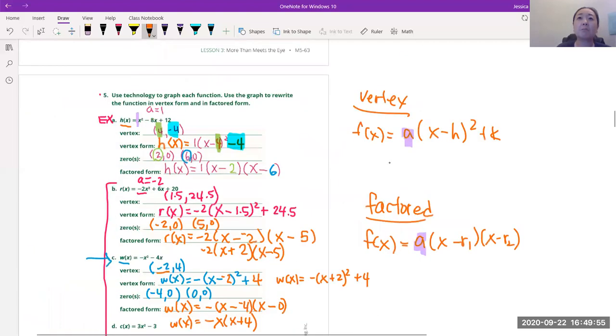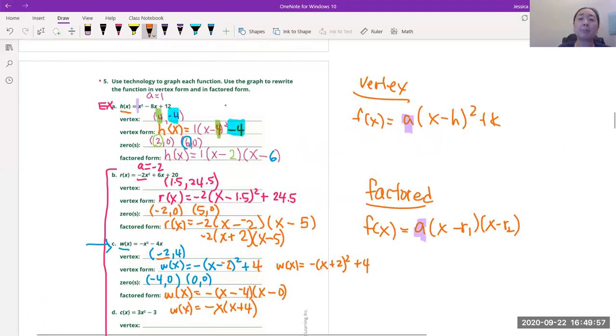All right, so we're going to move on to the next page. Again, we're going to be using technology, meaning Desmos or a graphing calculator or whatever graphing utility you have, to graph this. And if you remember, we're going to be getting the vertex and the zeros off of the graph, okay?